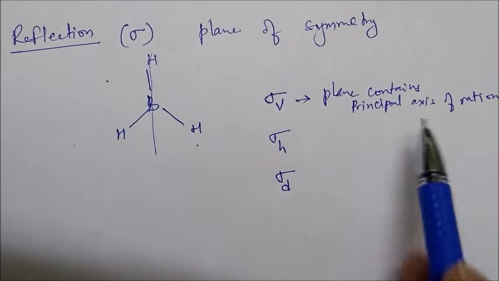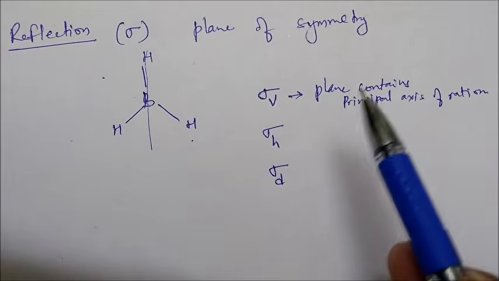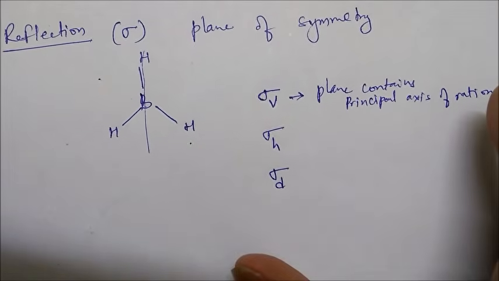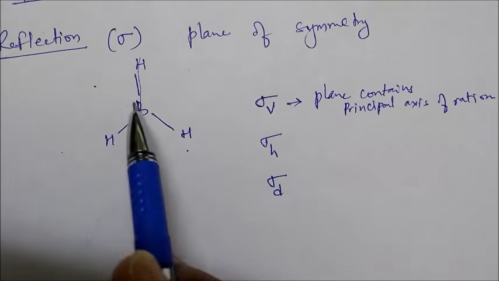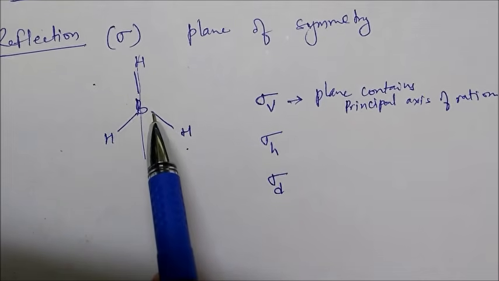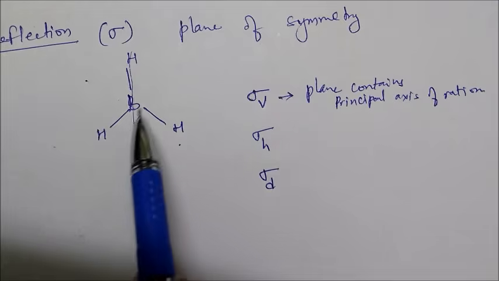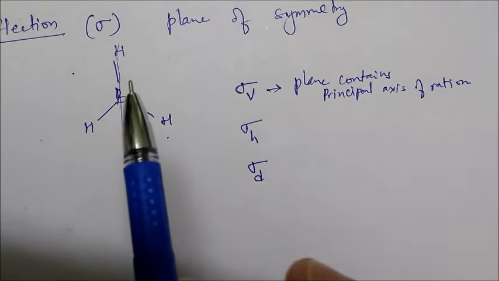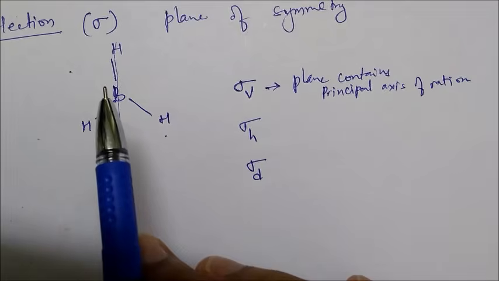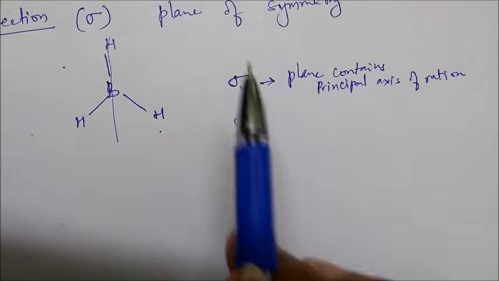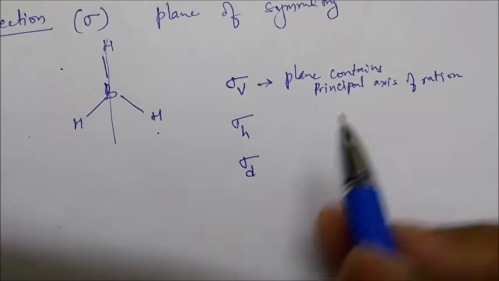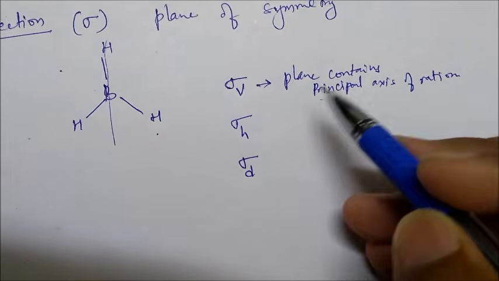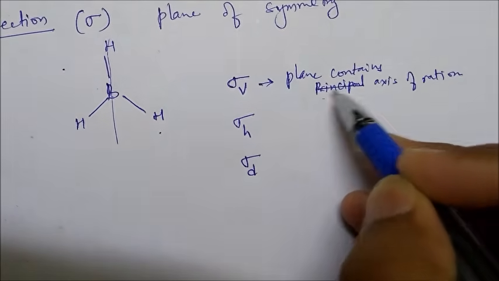We have already seen in the previous example on axis of rotation that the BH3 molecule I have taken has two types of axis of rotation: one was C3 and one was C2. Among these, one will be called the primary axis of rotation. Sorry, not principal, I think it is primary. Primary and secondary are there, so it is primary.